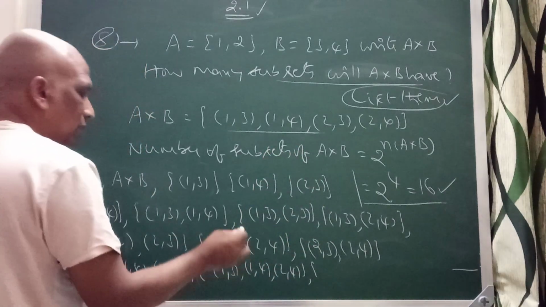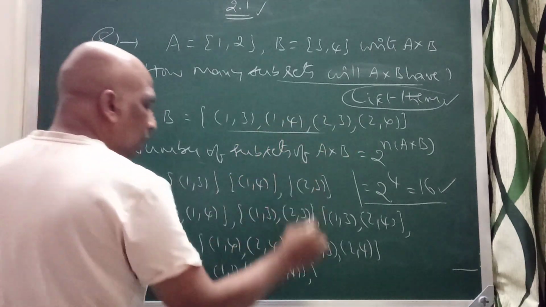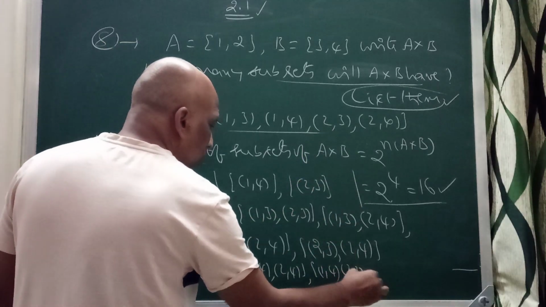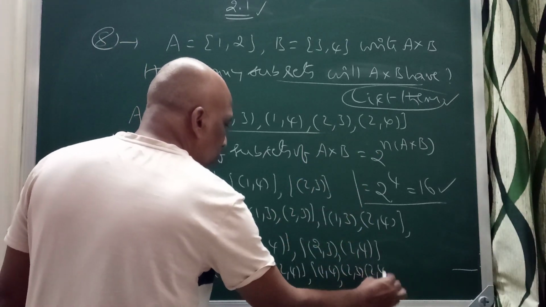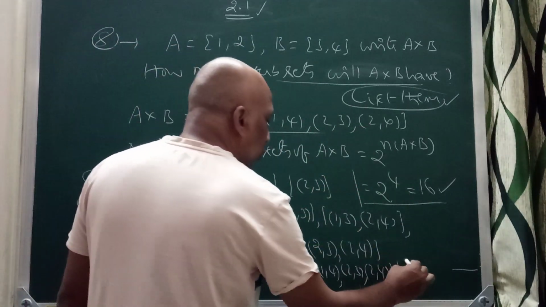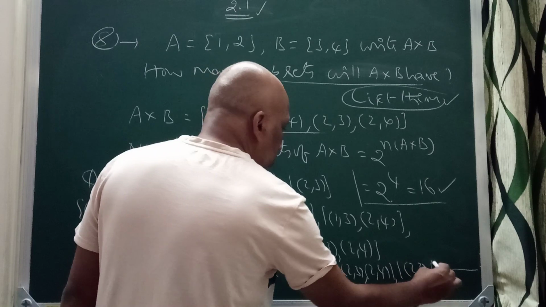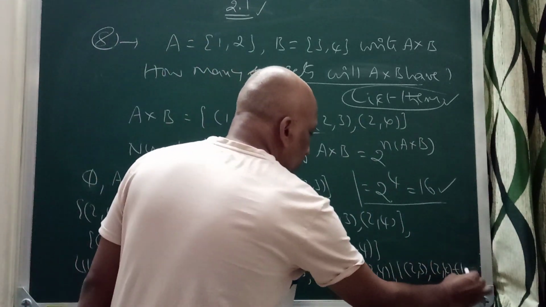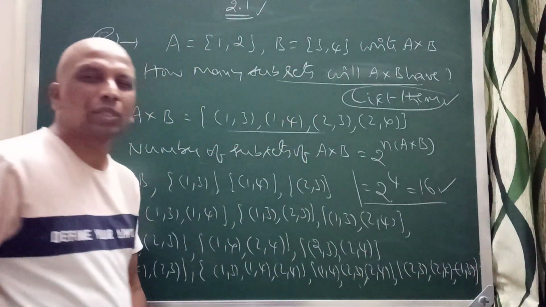Again 1 4, 2 3, 2 4, I can write, right? The last one I can write 2 3, 2 4, 1 3, total 16 you will get.